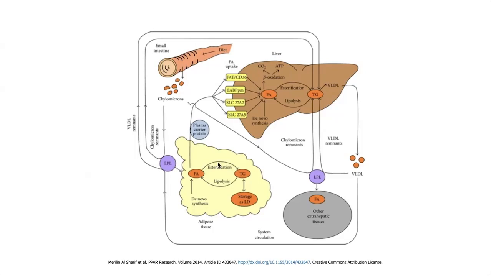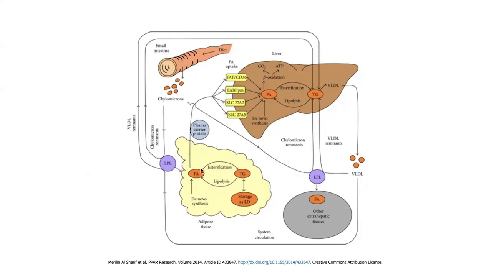So your liver and your adipocytes can both store fatty acids. They can also break down those fatty acids if they need energy. In the case of your adipocytes, the way they ship fatty acids to other tissues is not as TAGs in lipoproteins, but as fatty acids carried on proteins like serum albumin.